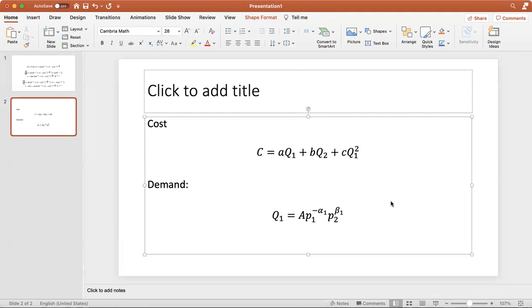So if you're already familiar with the functional forms in economics, this looks like the reduced form of your Cobb-Douglas production function, Cobb-Douglas utility function.